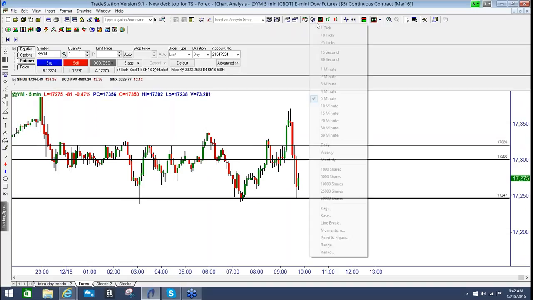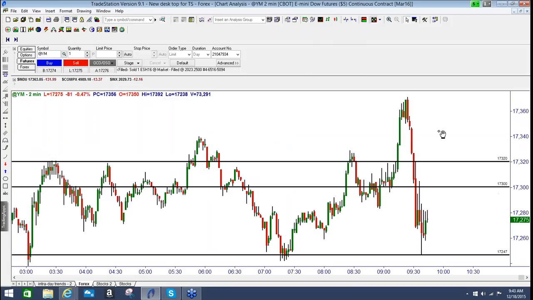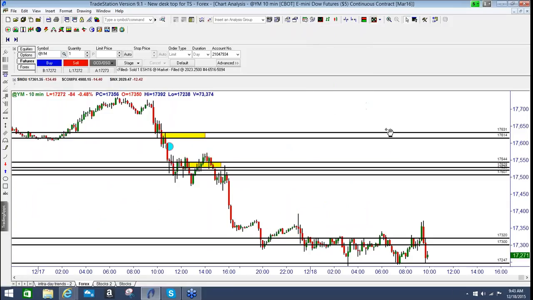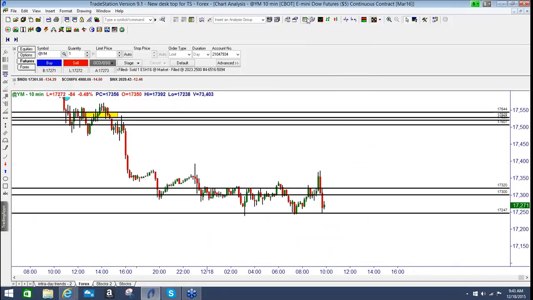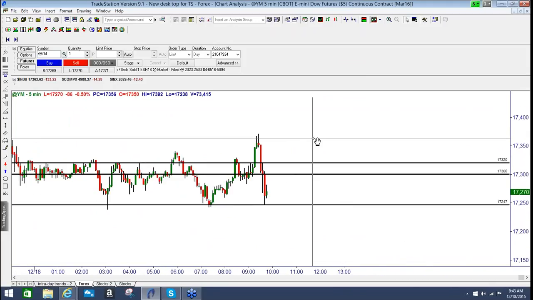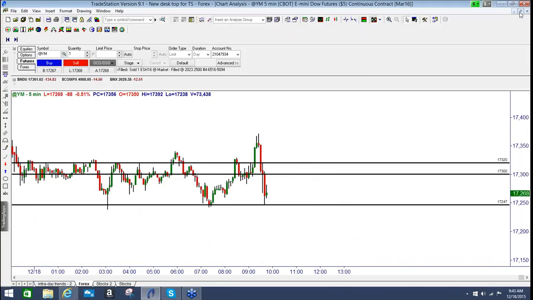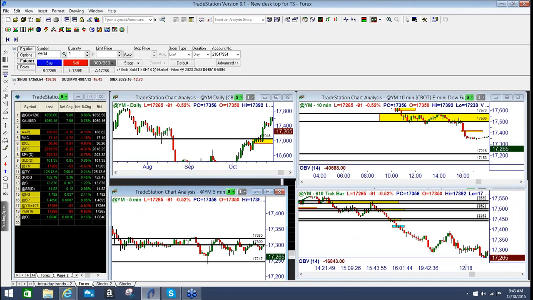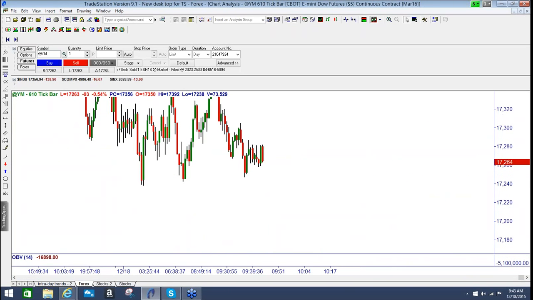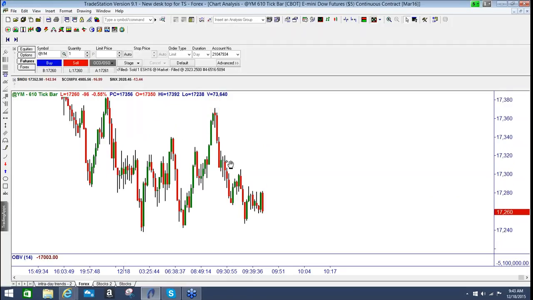Let's see if I can... I'm trying to get this to resolve into something I want to see. No, I'll take it on the 5, but I mean, I don't love it. There's my ticks. All right, so we got a possible trade waiting on the YM.